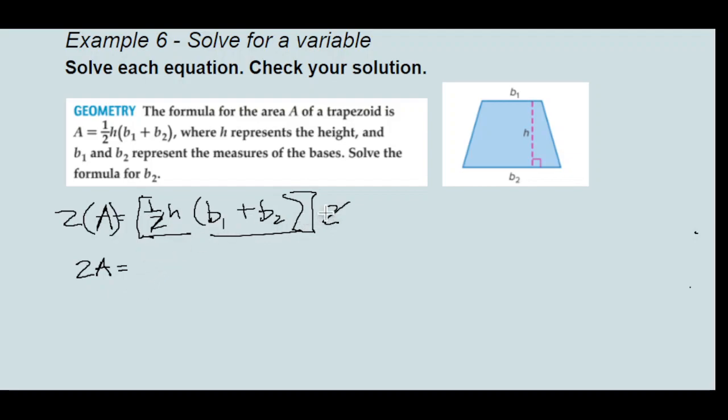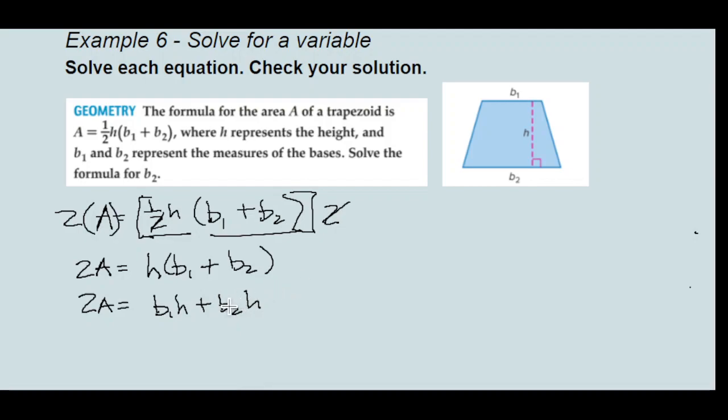You don't multiply it by this, because this isn't plus; this is a multiplication thing. So you're going to have h times b1 plus b2 in parentheses. The next step would be to get rid of the parentheses. That's probably one way of doing it. There's another way to do it, but we'll go with that. So we'll go 2a is equal to b1h plus b2h.